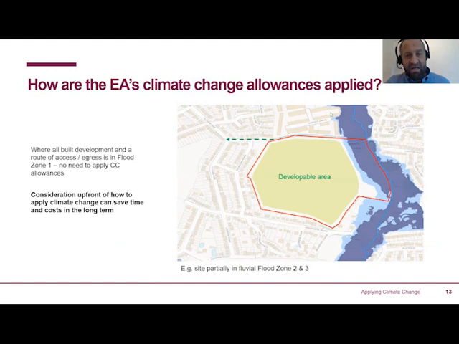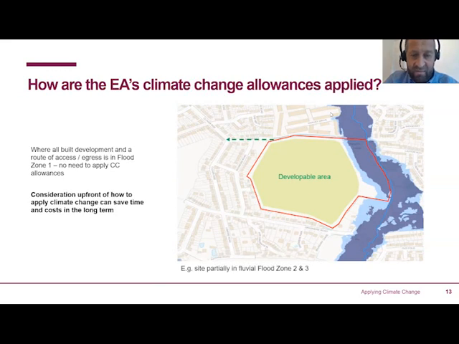How are the EA's climate change allowances applied? So, where all developments and access routes should be in flood zone 1, there's no need to apply the climate change allowances. We also need to make sure that the development is in flood zone 1.